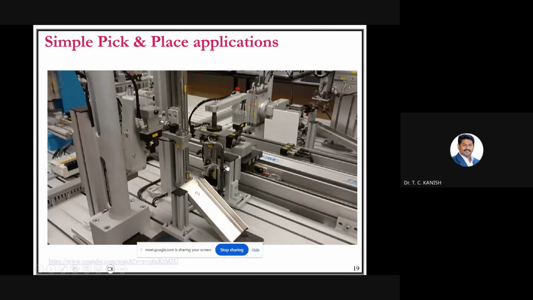We can start developing your own robotic systems by purchasing pneumatic actuators and an FRL unit, whatever things you want, and you can start developing your own robotic system.